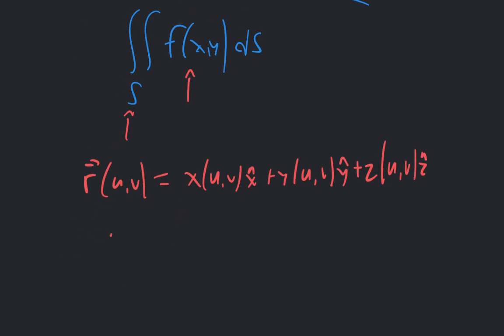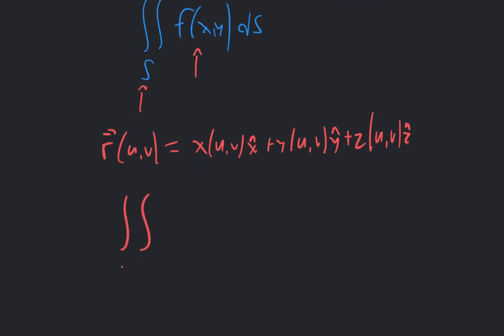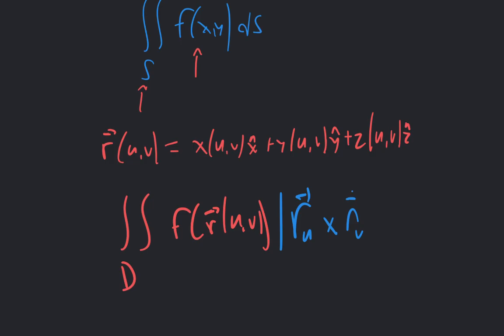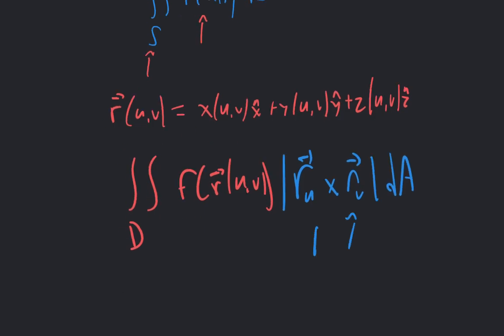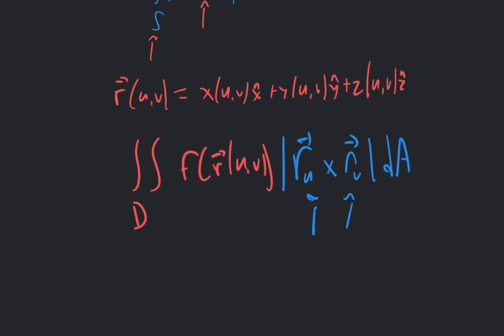Sometimes you'll see it written like it's a double integral. And then you'll see a cross product, where r_u and r_v are the partial derivatives of the r vector.